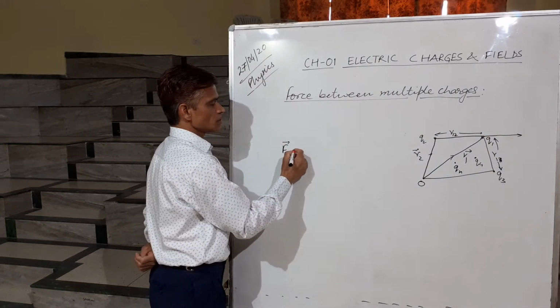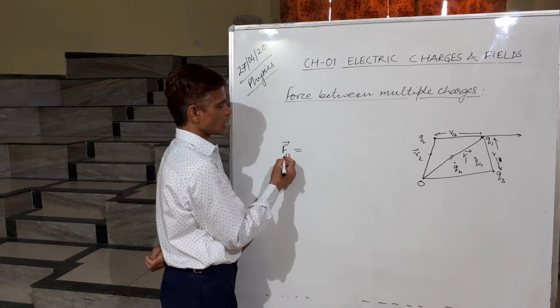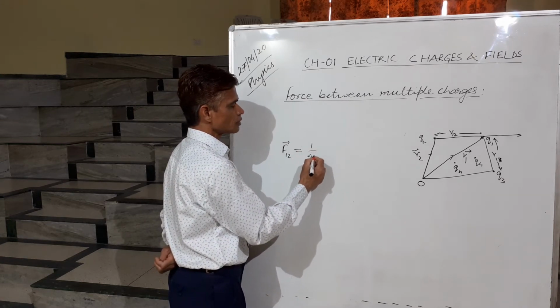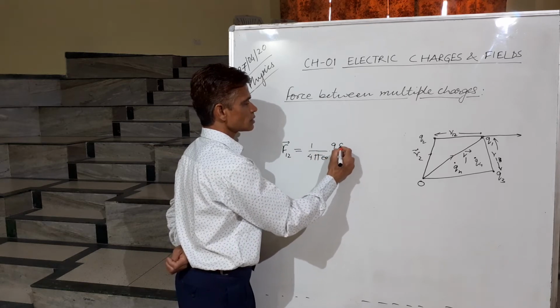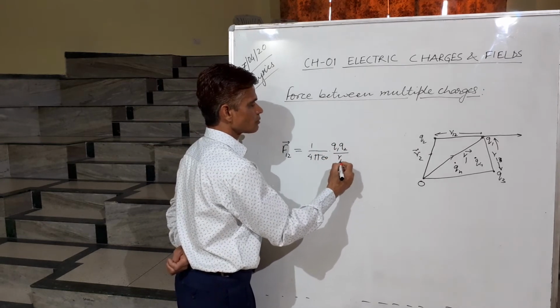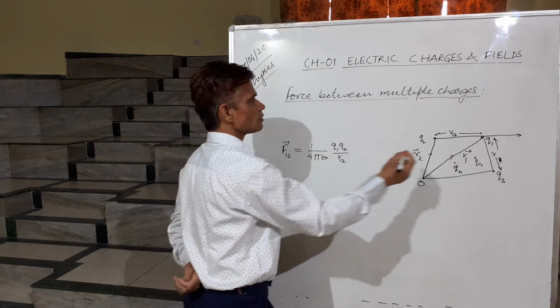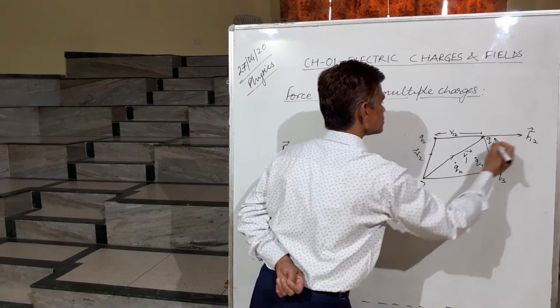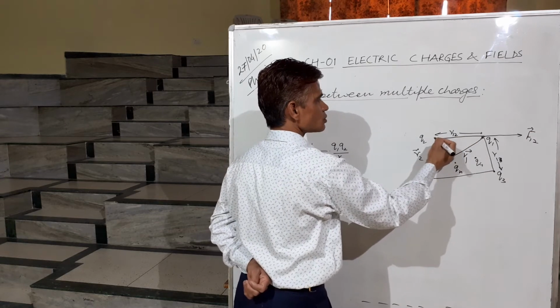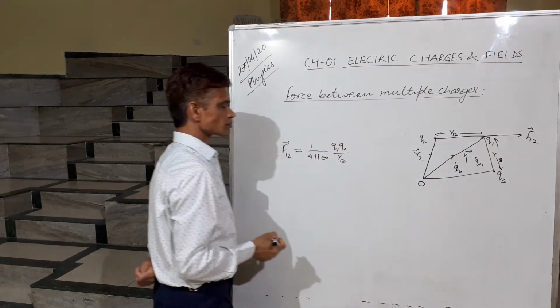So the magnitude of F12 is 1 by 4 pi epsilon naught into q1 q2 by r12 square, the force due to this charge q2 on charge q1.